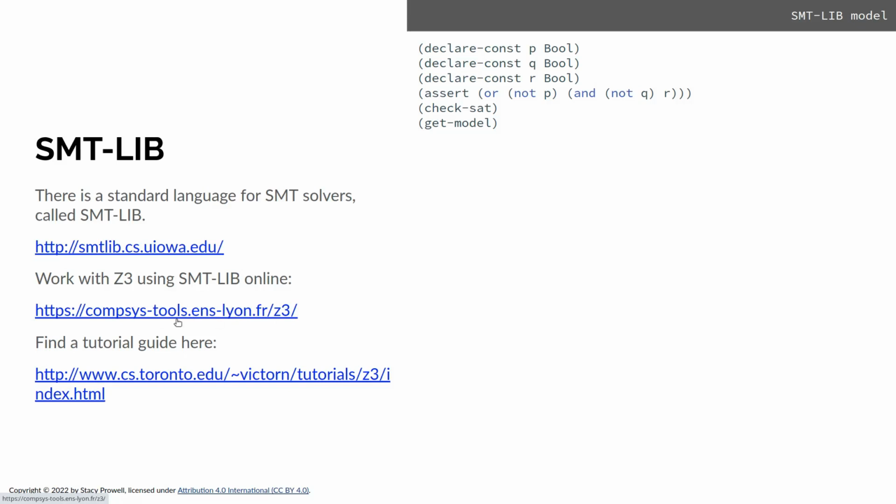But what you'll put in here is not the Python stuff you saw. What you'll put in here is SMT-LIB expressions. And those look like this. They look like Lisp. So if you're not familiar with Lisp, it's an untyped lambda calculus based language, which is one of the oldest.